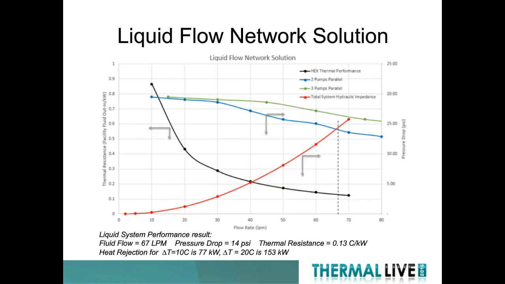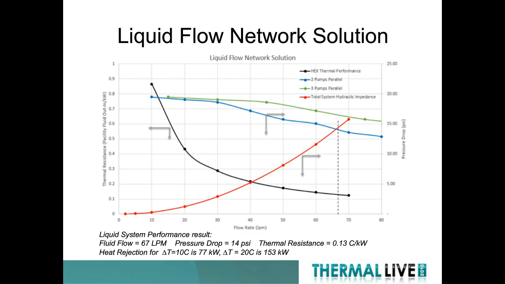And so our solution curve is a liquid flow network solution. And here we also have, just like our very first slide, thermal resistance on the left axis. We have pressure drop on the right y-axis, and our x-axis is flow rate again. The black curve is the thermal performance of the heat exchanger.